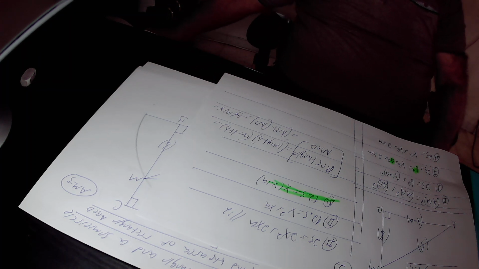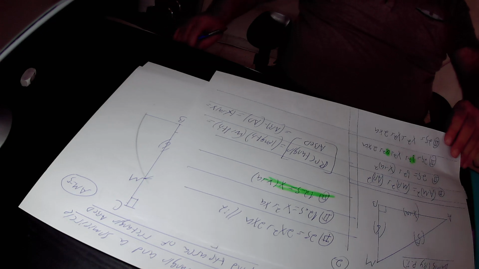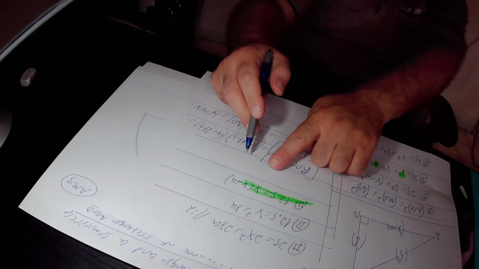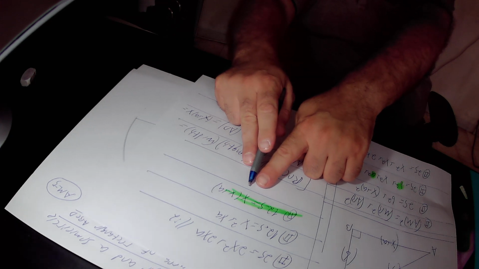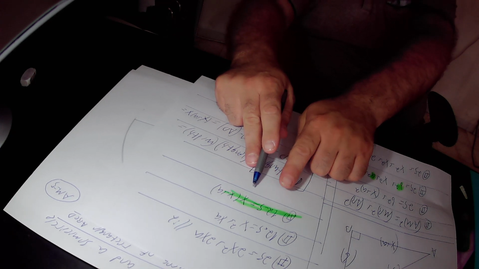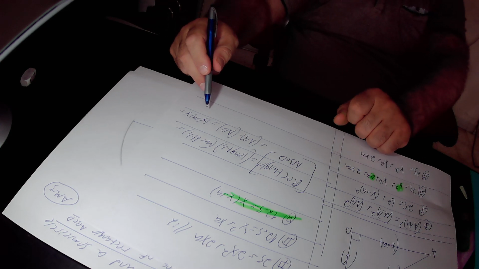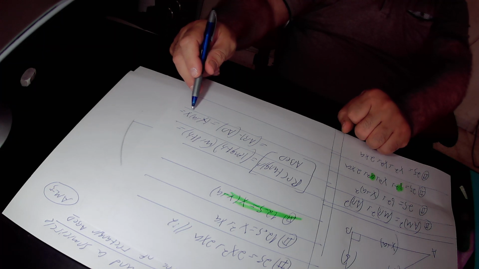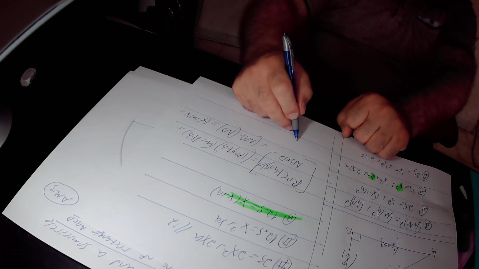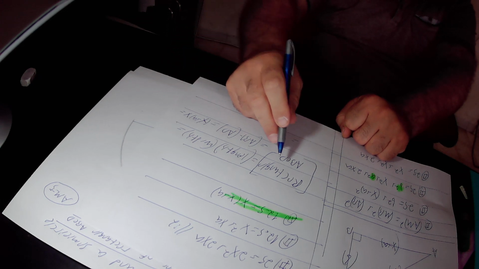But we already found out that (x plus a) times x equals 12.5. Therefore we can substitute (x plus a) times x in this equation by 12.5.